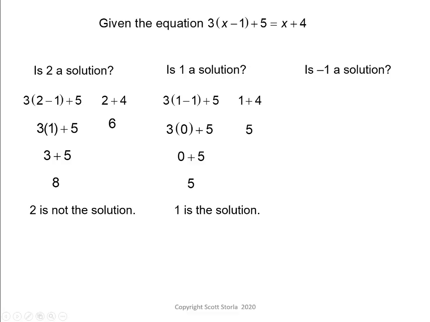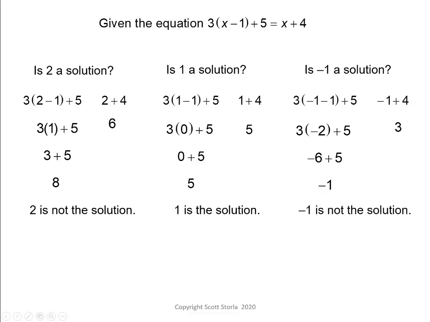How about -1? See if that works. Here I've substituted -1 for x. I simplify the left side, I simplify the right side. Again, these don't match, and therefore -1 isn't the solution. So the solution set for this equation would be 1.